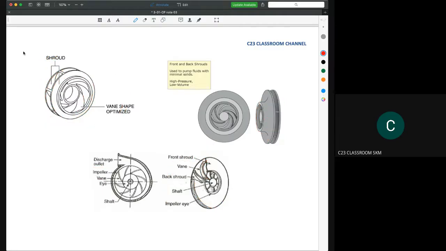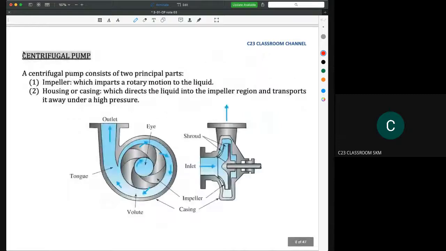Some people say shroud, some say vane, and they are talking about the impeller and so on. I would like you to make it clear here. When we call it the impeller, it is actually the set of blades and the housing, the discs that attach the blades. That is the impeller.